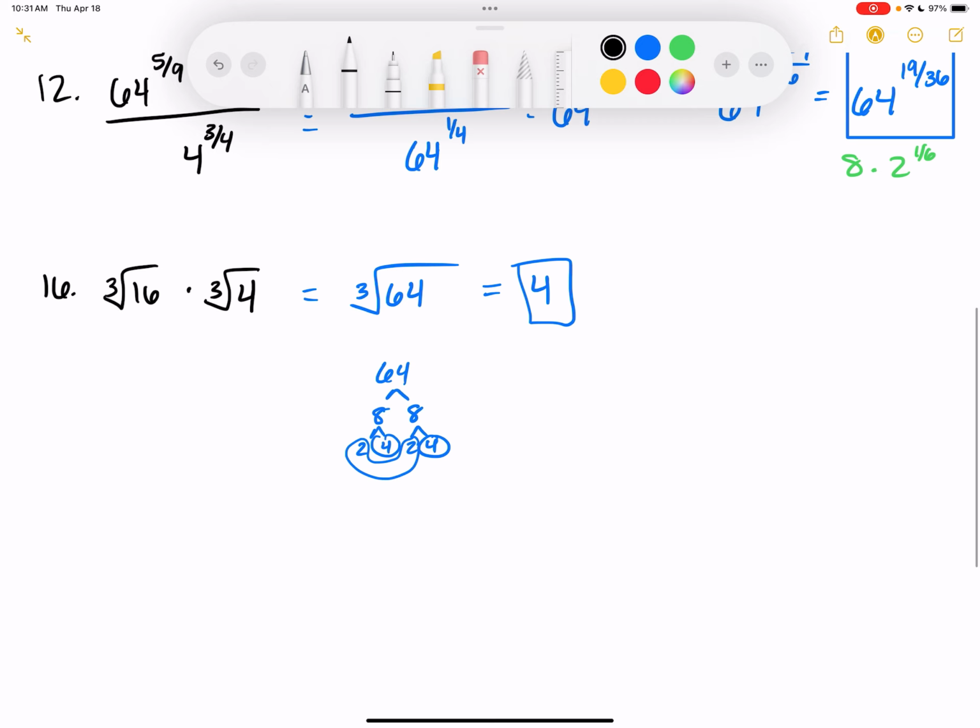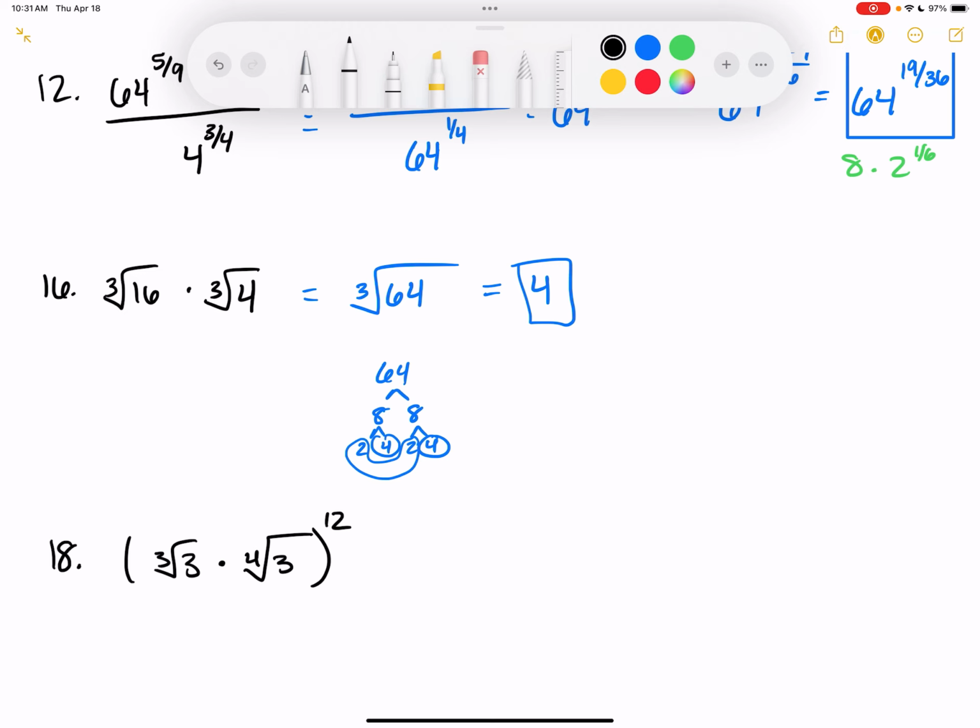18. In parentheses, the cube root of 3 times the 4th root of 3, raised to the 12th. So can I multiply this stuff under the radicals on this one?